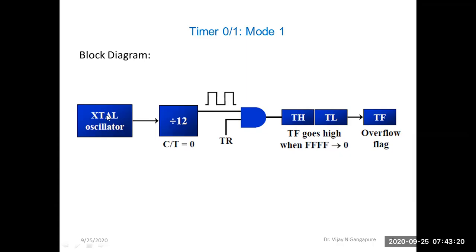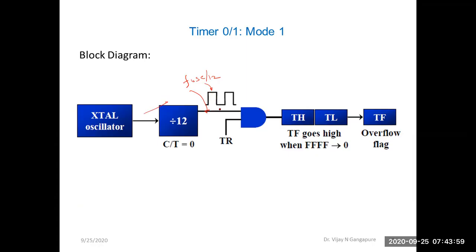In that case the crystal oscillator frequency, if it is FOSC, will get divided by 12. So the frequency of these pulses will be FOSC divided by 12. These pulses will be used as the timer clock frequency.